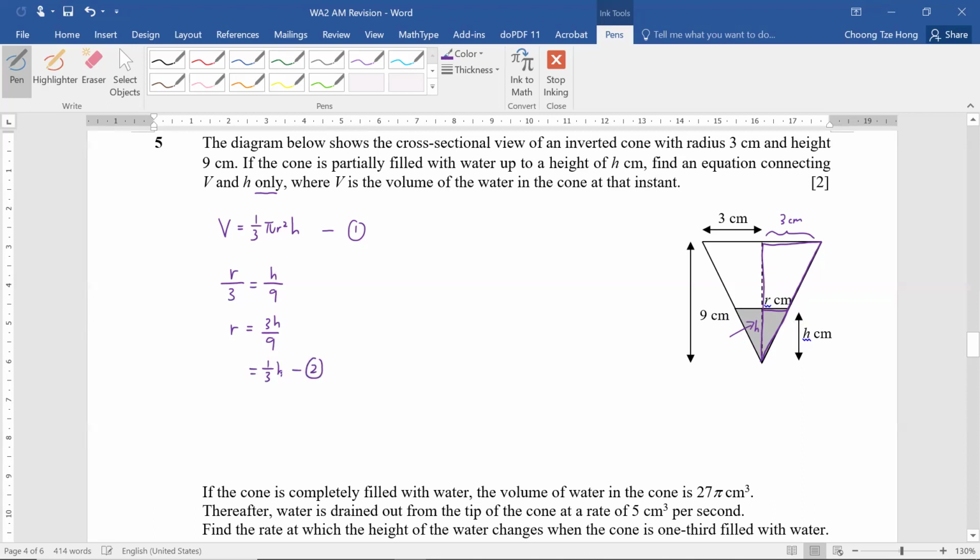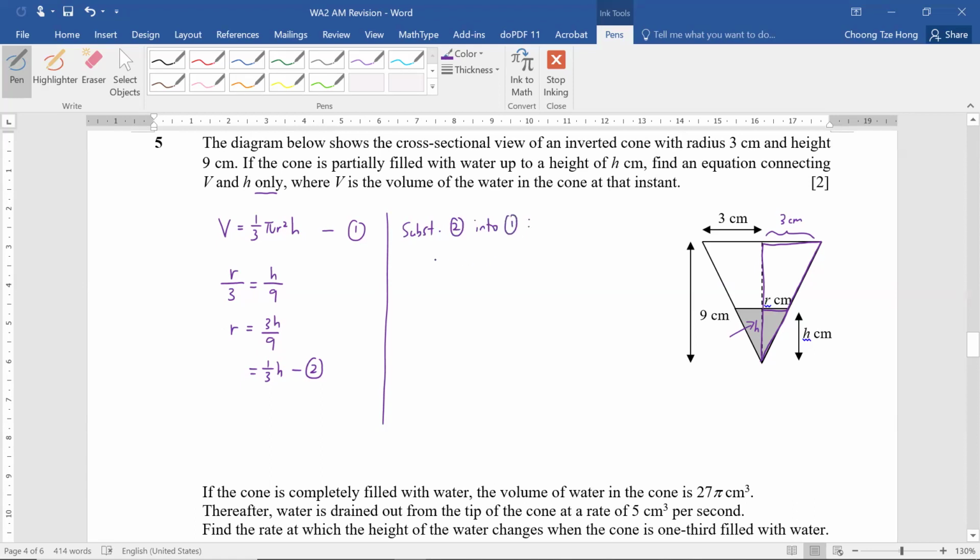So what we can do now is to substitute equation 2 into equation 1, then we will be able to find the equation connecting V and H only. That's basically what we're going to do. So substitute 2 into 1.